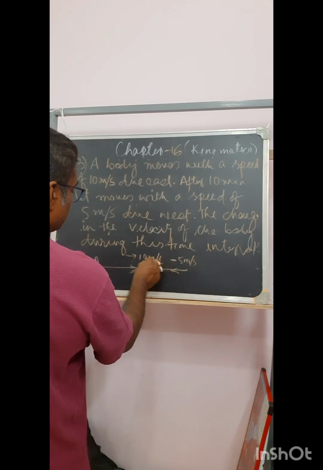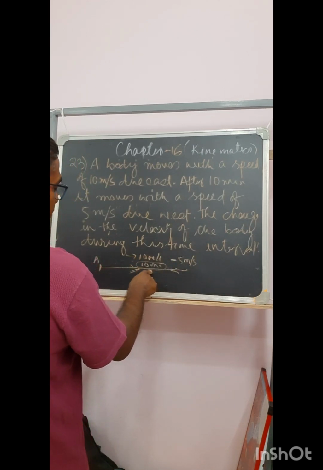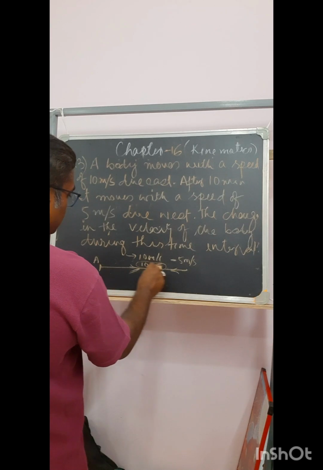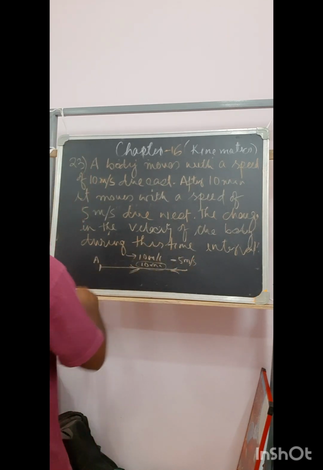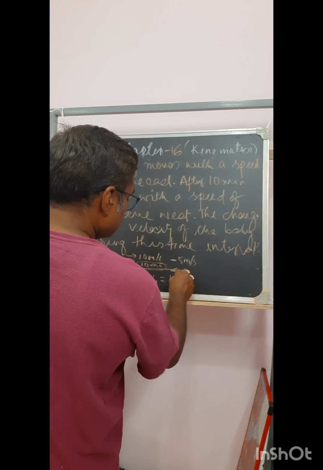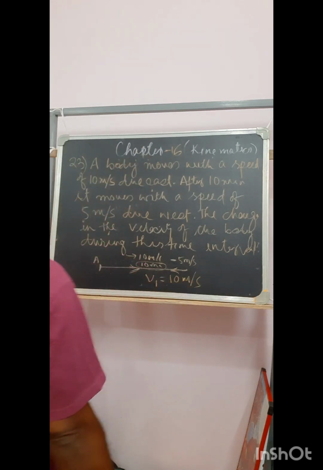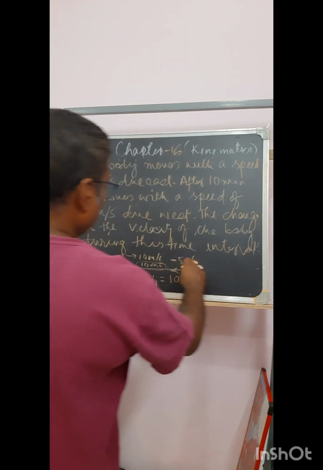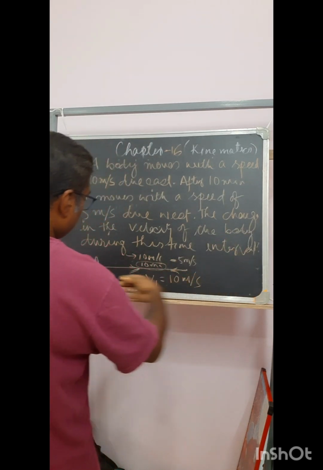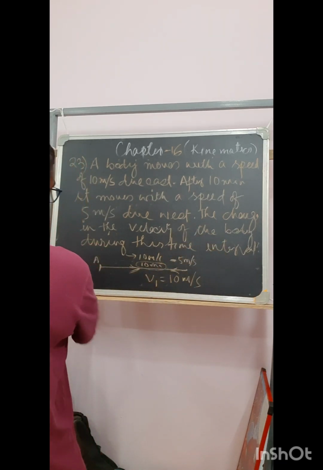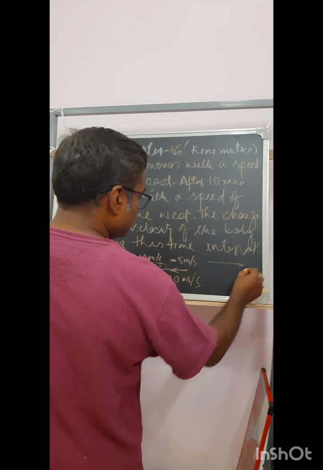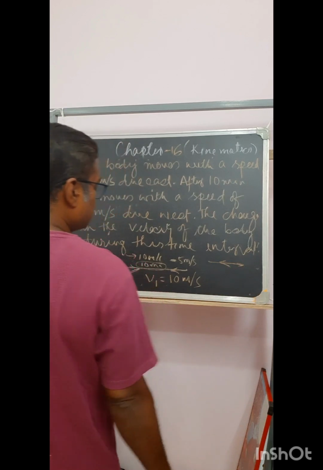So the 10 minutes or whatever be the minutes will not affect the velocity, because until it is retarded or changes its direction, the v1 is always 10 meter per second. Now suddenly it has got a velocity in the opposite direction. 10 meter per second on the east direction is a vector higher than the 5 meter in this direction.